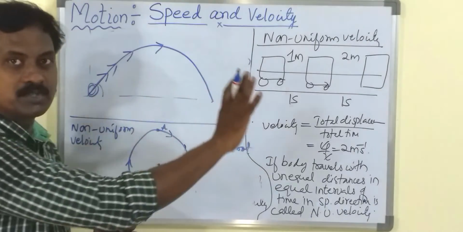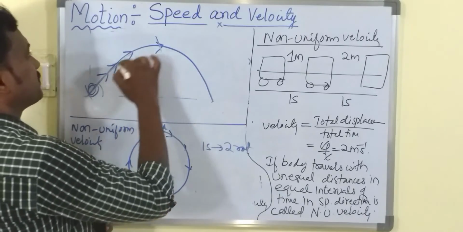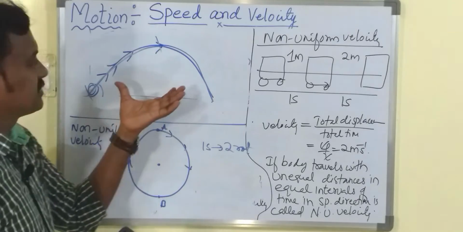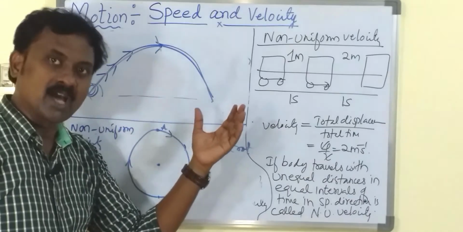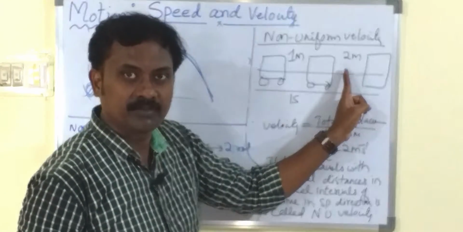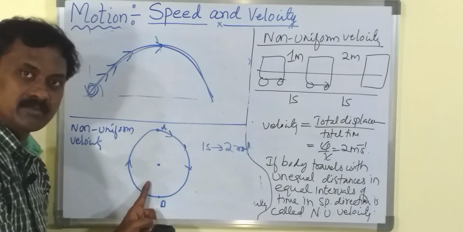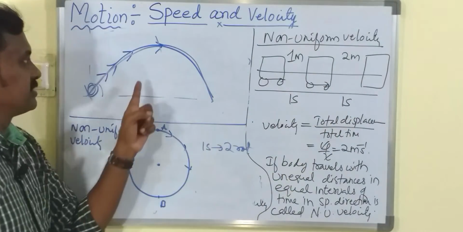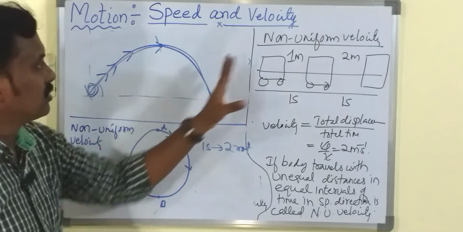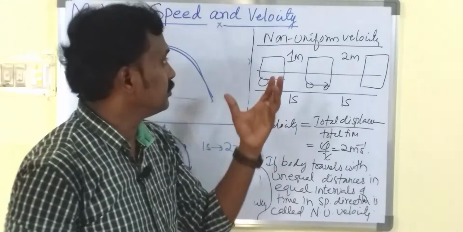Also the speed is changing from here to here, and again from here to here. So here both speed and direction are changing. In the first case the speed is changing but the direction is constant; in the circular case the speed is constant but the direction is changing; and in this case both change. These four examples give us information about non-uniform velocity.